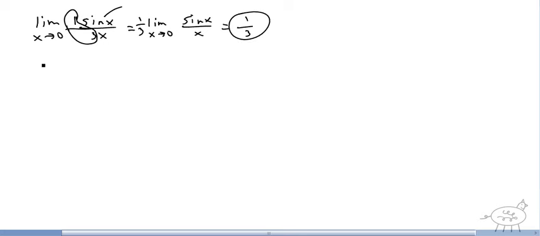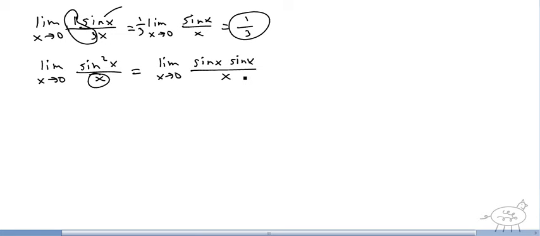Okay, so let's try another example. Limit as x approaches 0 of sine squared of x over x. All right, well, again, when you have this x on the bottom, math fans, you've got to deal with that by knowing that nice limit as x approaches 0 of sine of x over x. That's the way you deal with it. And then hopefully that denominator goes away. So I can rewrite this as limit as x approaches 0 of sine of x over x.